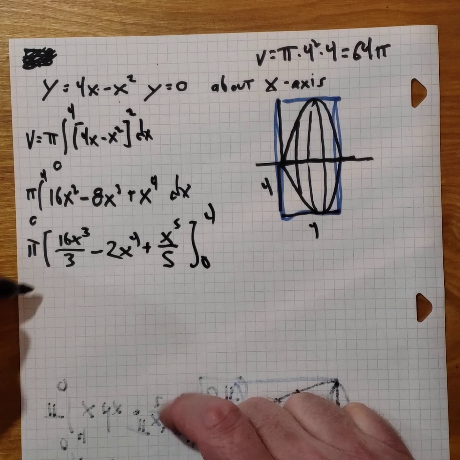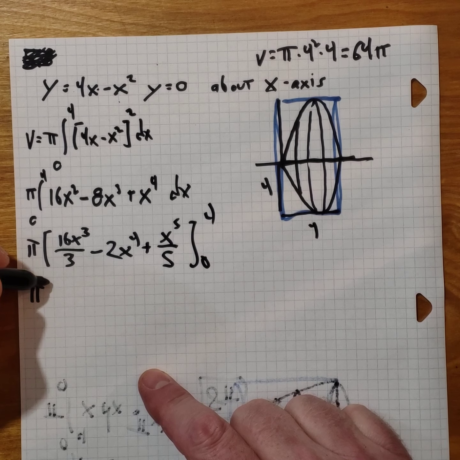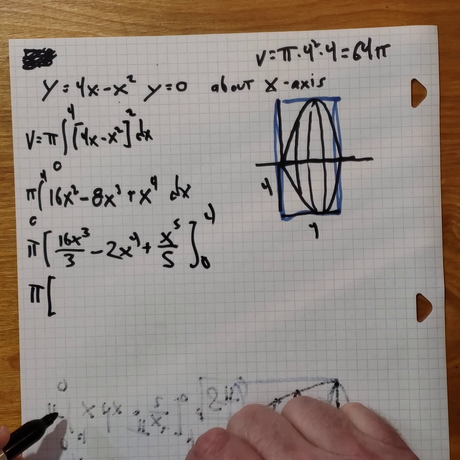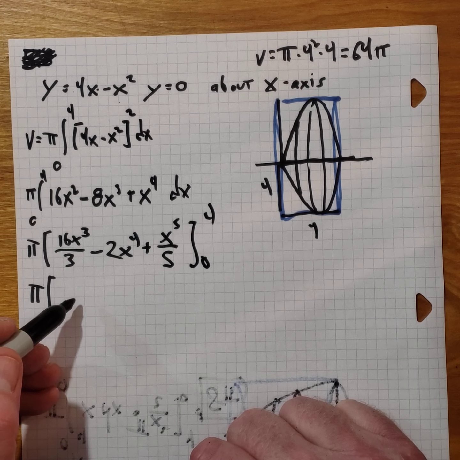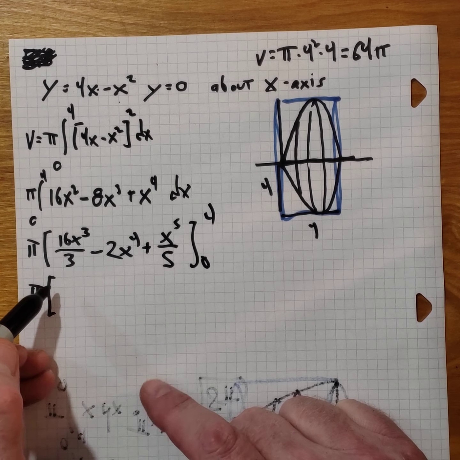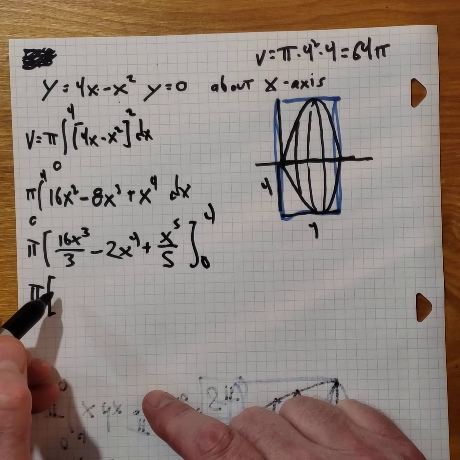And I can finish this. I don't know if this is going to be worth watching. When we plug a 4 in here, 4 cubed is 64 times 16. Well, that's 4 squared. That's 4 to the 5th power. What's 4 to the 5th power?